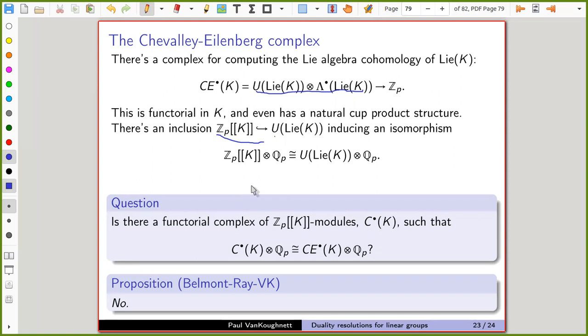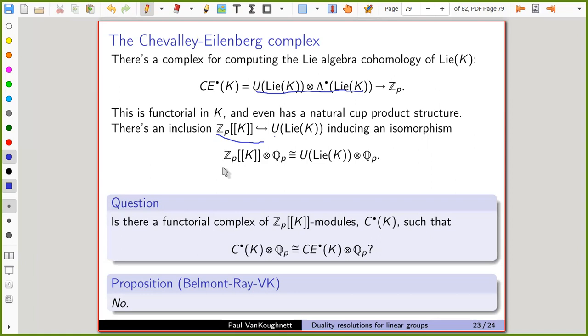So I agree that you can do that, and that gives you something that computes the homology of the Lie algebra acting on itself. But I thought the idea of your using the universal enveloping algebra was to pretty much do the same. So the idea was to try to relate this to some complex of Z_p double brackets K modules, something that could then maybe be lifted to something that computes G homology.